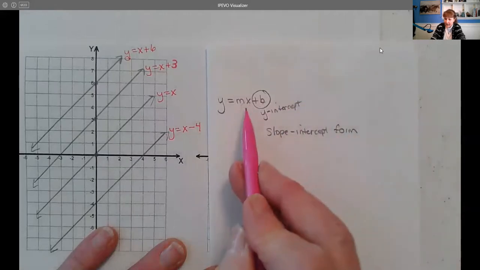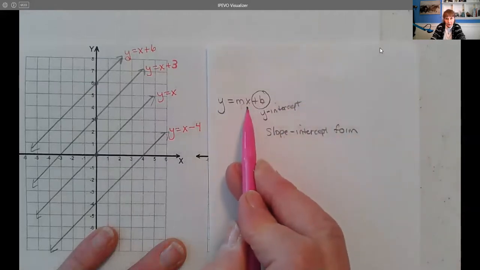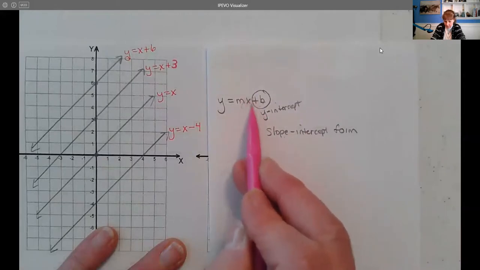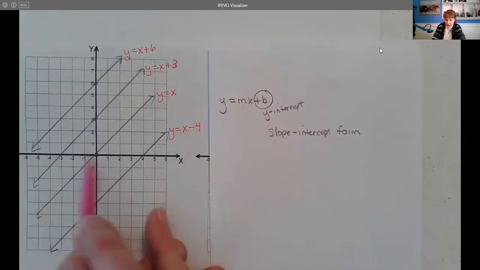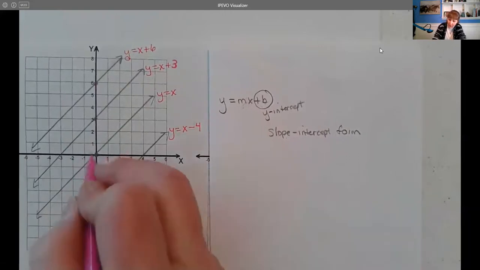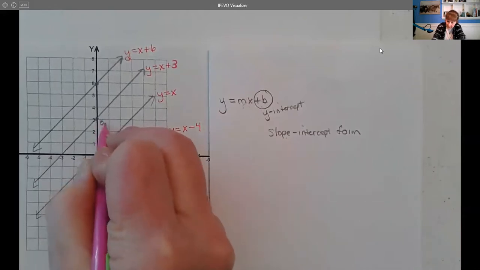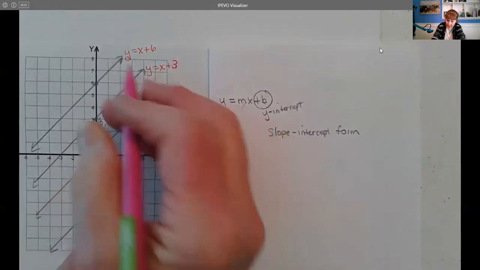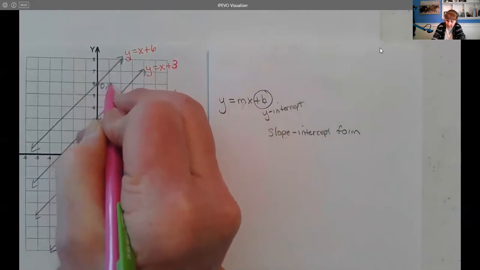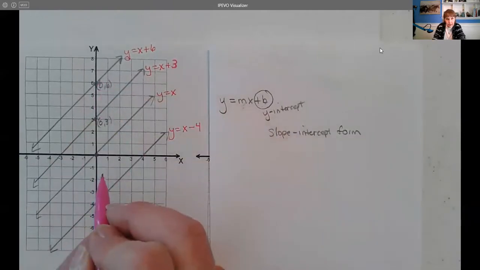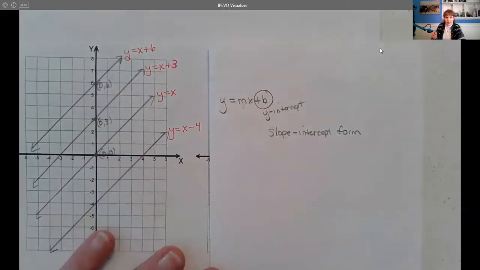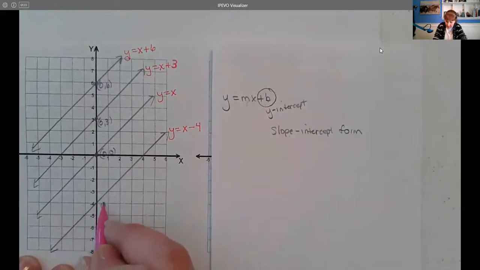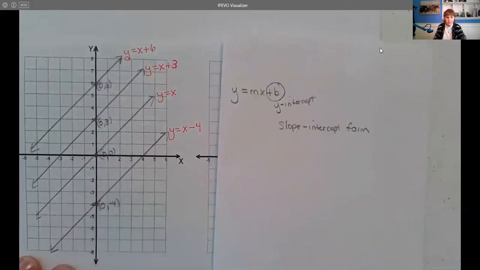To find the y-intercept, x is 0, because all these points where it hits the y-axis, the x-coordinate is 0. You're not going right or left. So all of these have the point. See, this is the point (0, 3), the y-intercept. Here's the point (0, 6). This is the point (0, 0). Hopefully you can see that one. This is the point (0, -4). Those are the ordered pairs for each of these points.